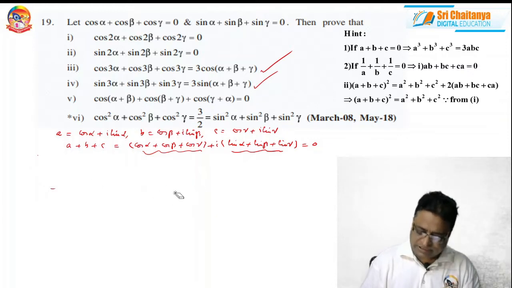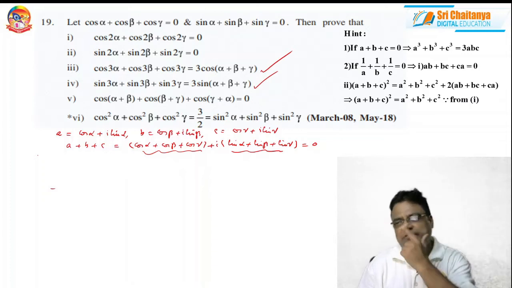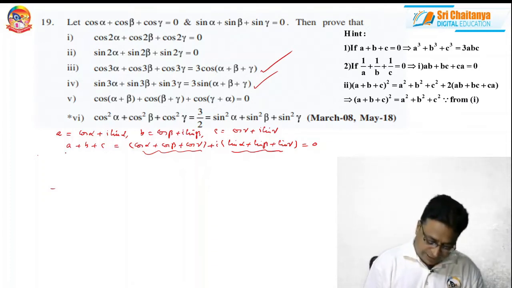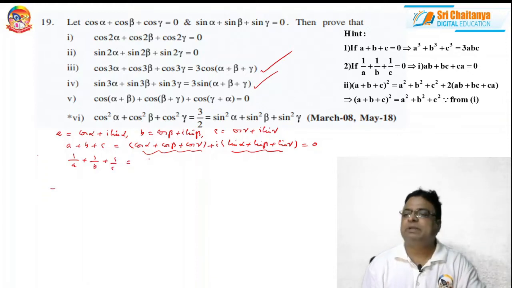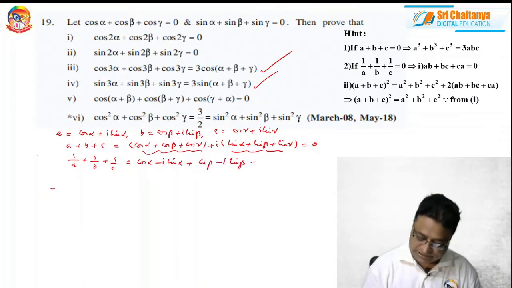So, what is a square plus b square plus c square? Next, again, you need to focus on hint number 2. Whenever a plus b plus c equals 0, automatically 1 by a plus 1 by b plus 1 by c, that is 1 by cos alpha plus i sin alpha, that is cos alpha minus i sin alpha plus cos beta minus i sin beta plus cos gamma minus i sin gamma.